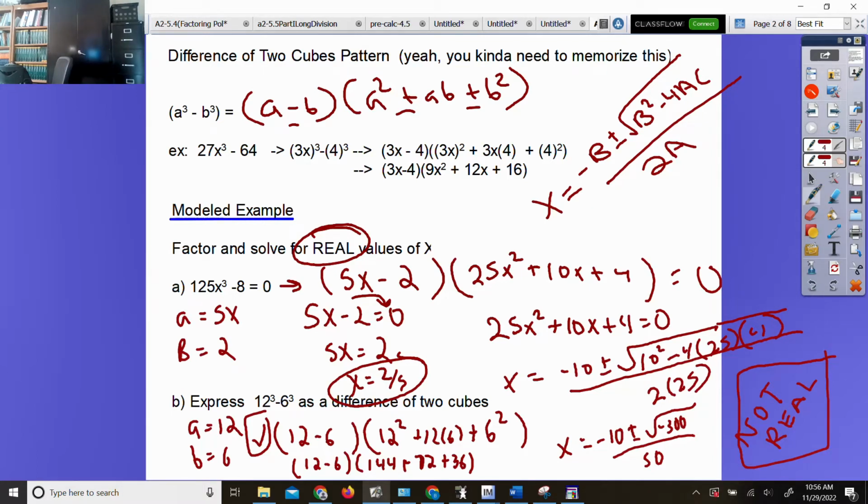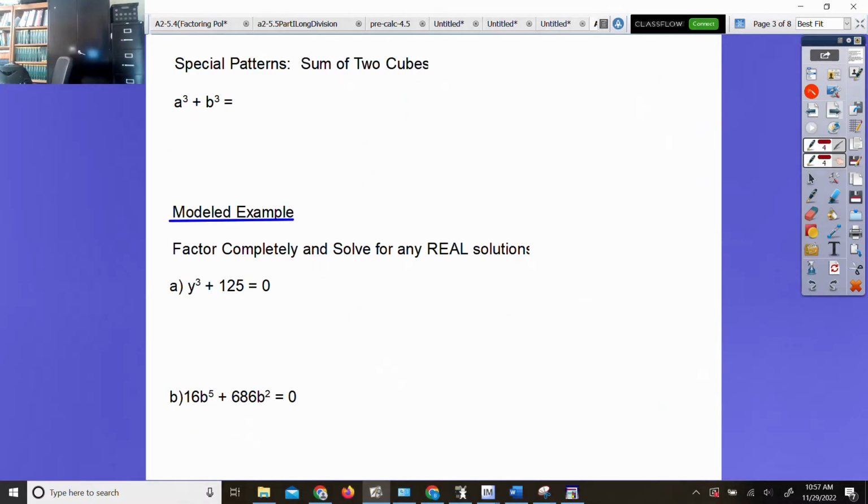Second set of parentheses is always where your imaginary solutions are. Always. It's always going to be imaginary, I don't care how many of these you do. So if it's just asking for a real solution, all you care about is the first factor. If it asks for all of them, well then suddenly you care about the second.